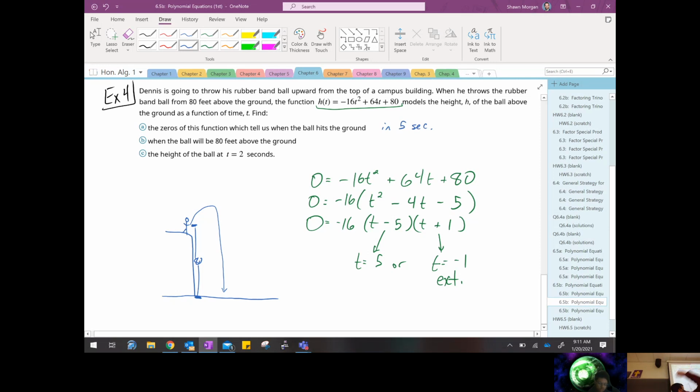So he throws the ball up 1, 2, 3, 4, 5, and then it hits the ground. The way that we modeled it was with a quadratic function, and that model doesn't make sense for a negative t value because you're modeling height in terms of time. Okay?